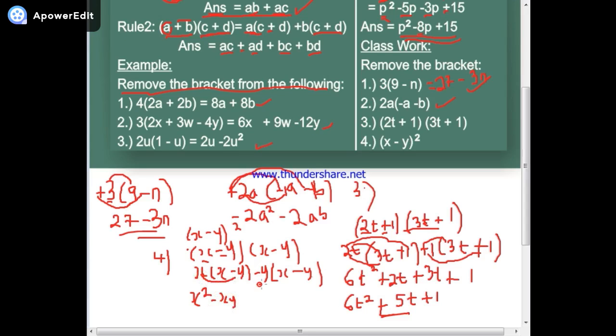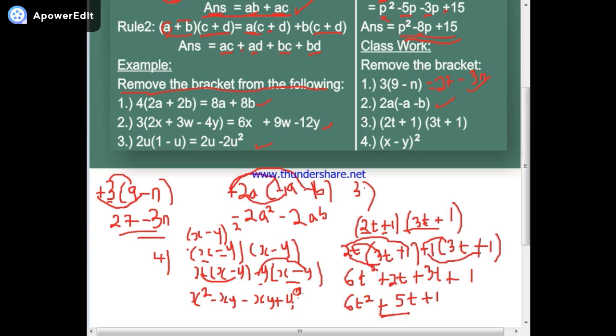Use this one also to open this bracket here. That is minus y times x, that is xy again. And minus times minus, if you use this one to multiply it, is plus. And y times y is y square.